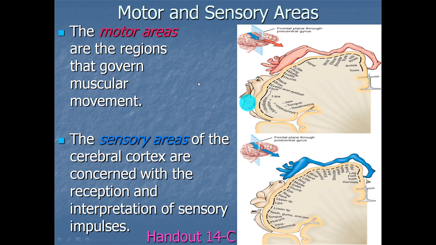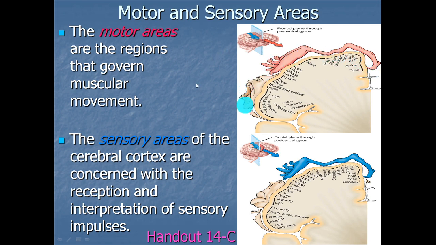So when you go to wiggle your nose or to grab a bottle with your hands or to kick a soccer ball with your feet, those signals are going to move from our precentral gyrus down to the body to do those muscular functions. So these are very specific.